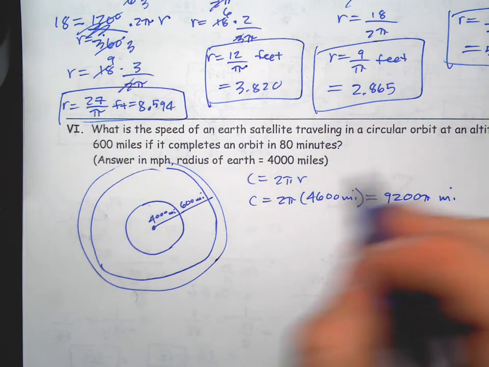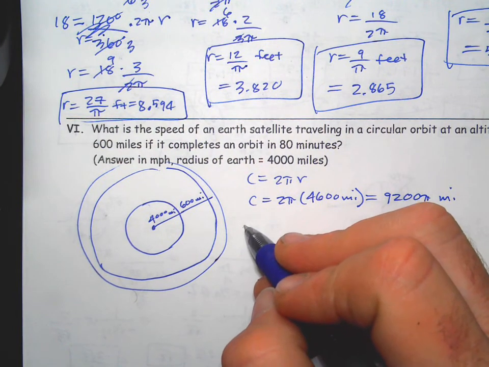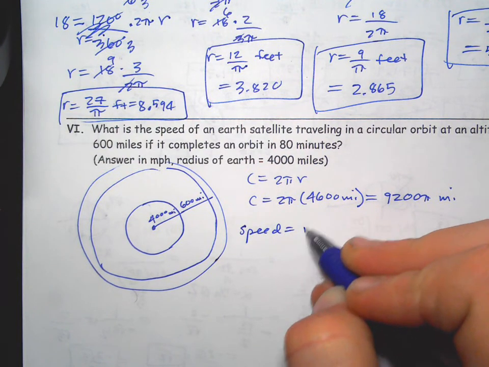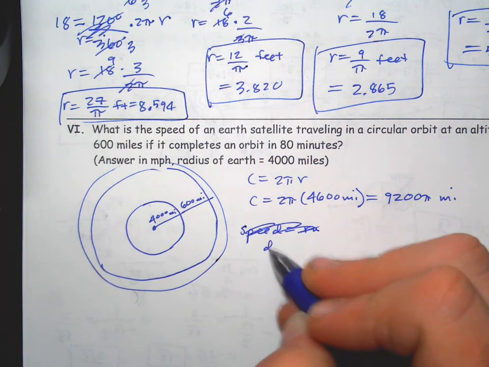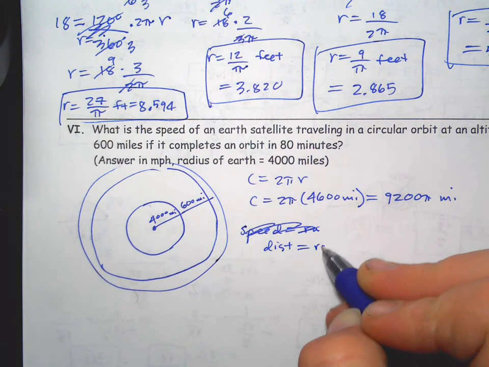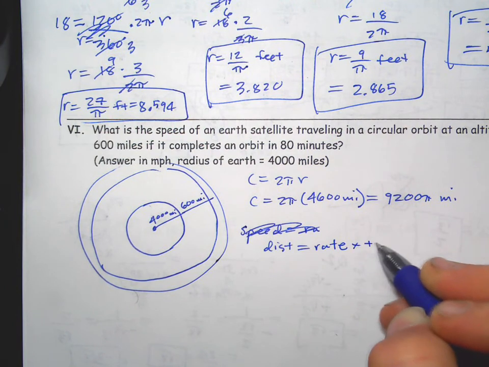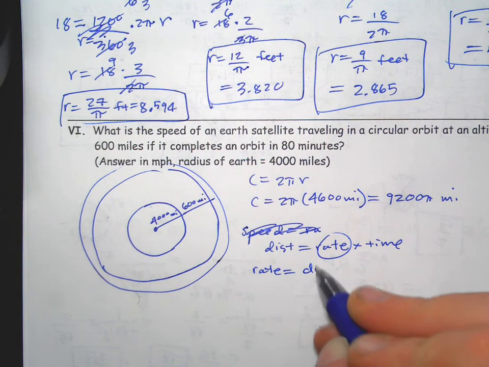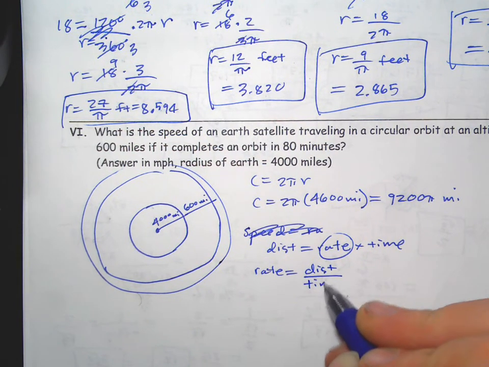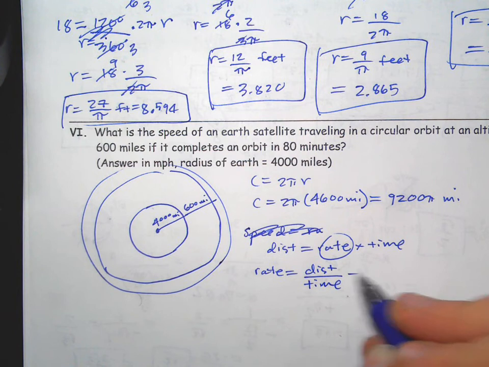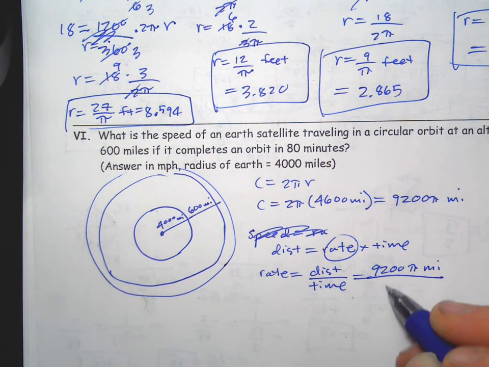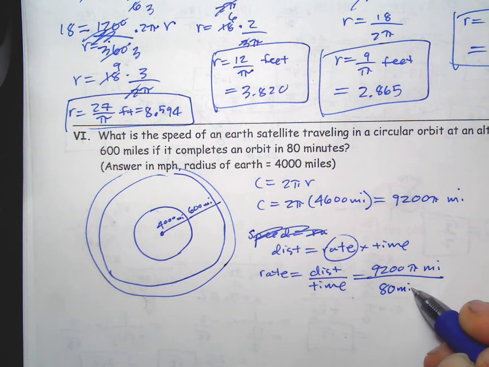So if it takes 80 minutes, speed equals rate times time, or I guess you could think of distance equals rate times time. You guys remember that? D equals RT. So you can use that to find the rate. Rate equals distance over time, which kind of makes sense. In miles per hour, the distance is 9,200 pi miles. The time is 80 minutes, but we want miles per hour, so we have to change our minutes to hours.